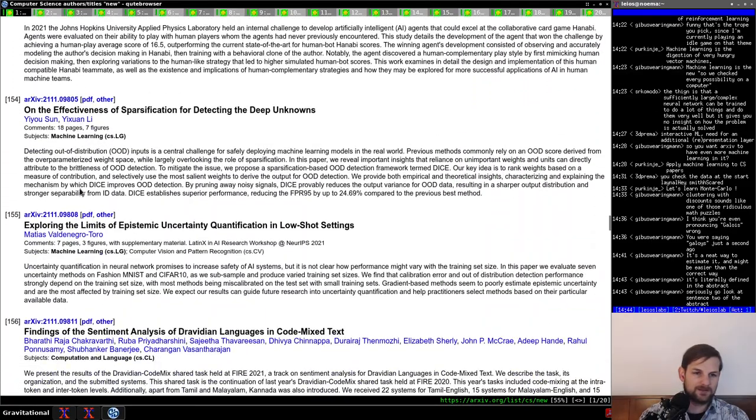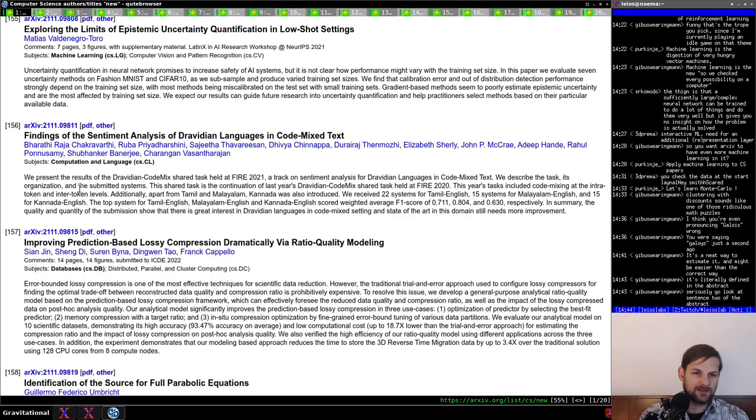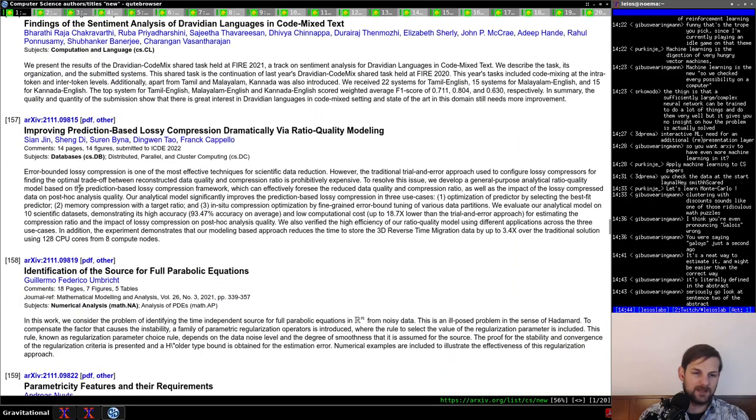Let's see, artificial intelligence, machine learning, computation, and language. Databases could be interesting. Improving prediction-based lossy compression dramatically via ratio quality modeling. Maybe we'll take a look at that one.